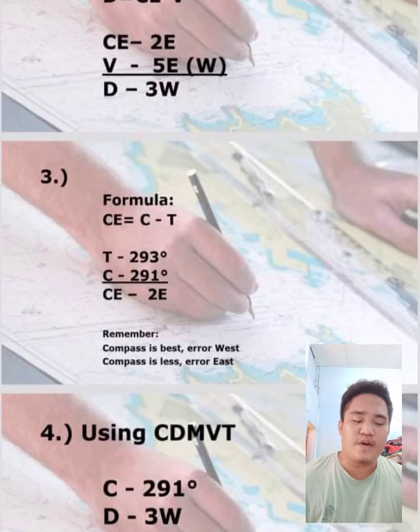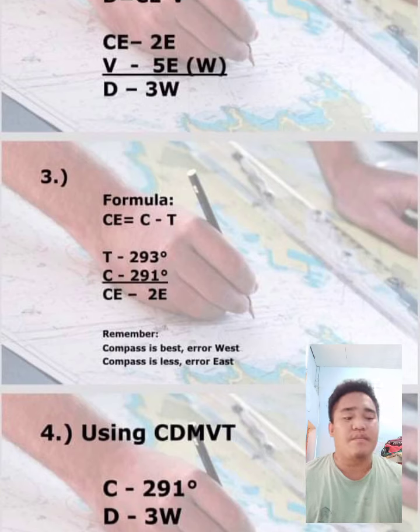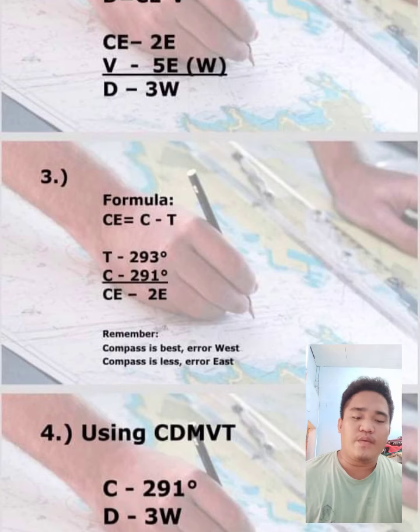So third is if the true bearing and compass bearing are given, how to determine compass error. We just need to subtract the true bearing and the compass bearing. So we just remember that compass best, error west; compass least, error east.